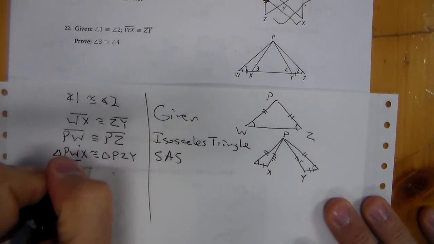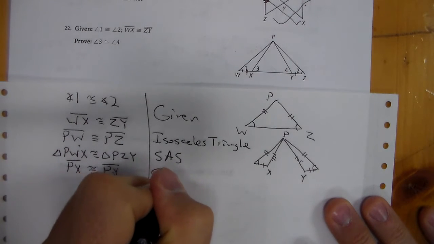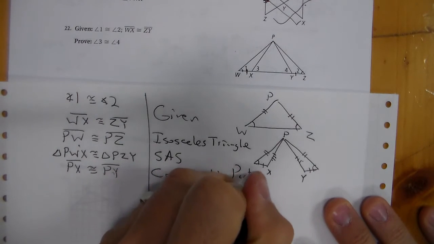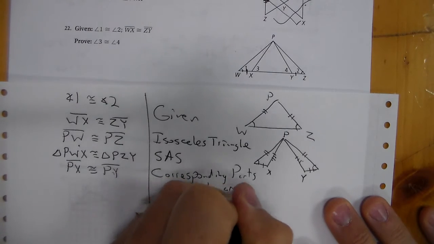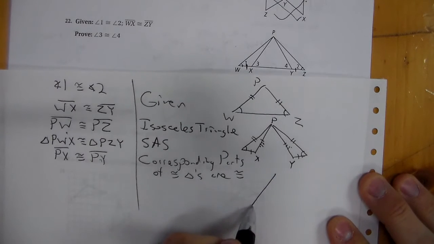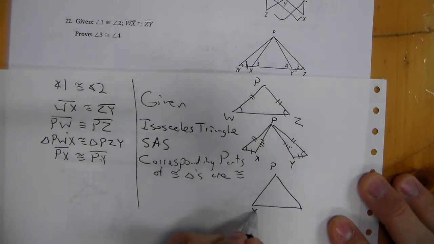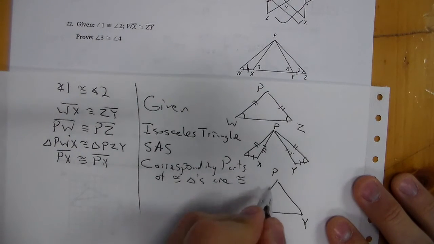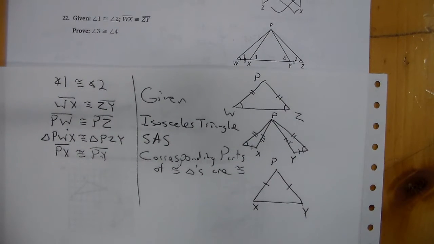So PX is congruent to PY because corresponding parts of congruent triangles are congruent. Because now, if I look at the inside triangle of PXY, I have that side congruent to itself.